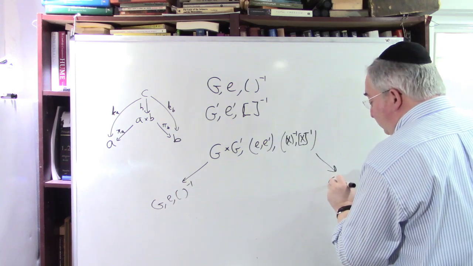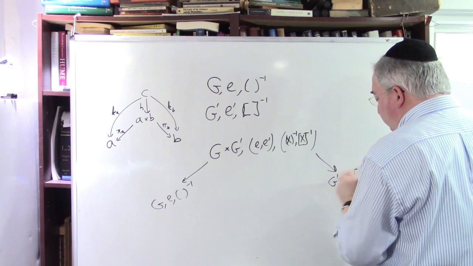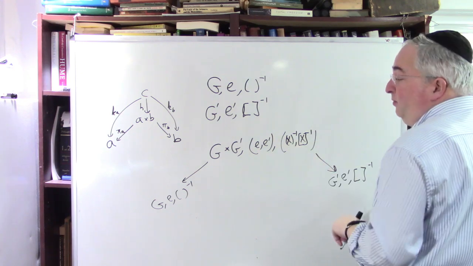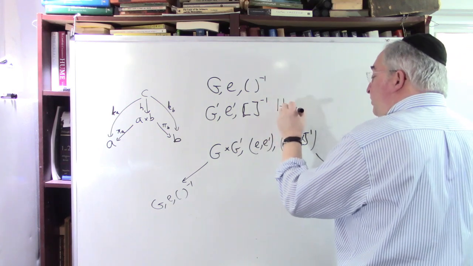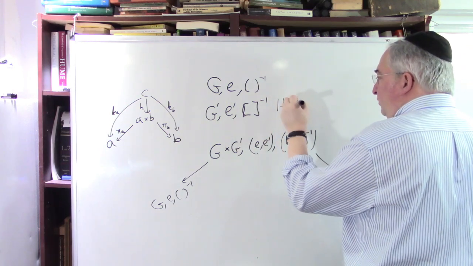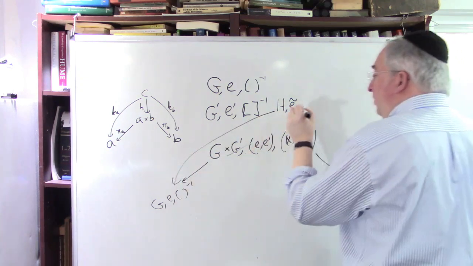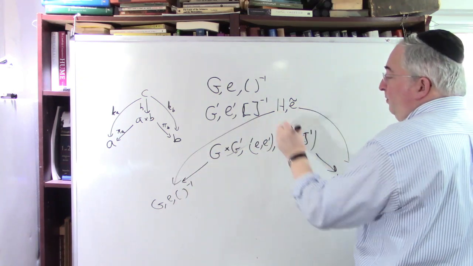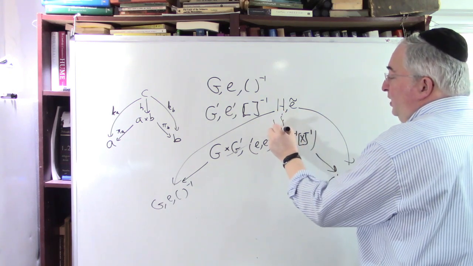So too you have G prime, comma E prime, comma square bracket minus 1. You have to make sure that this homomorphism works. And again, for any other group with any other, I don't know, twiddle, other operations, if you have a group homomorphism like this and a group homomorphism like this, then there's a unique group homomorphism like that.